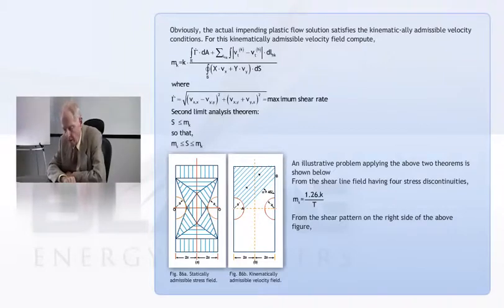And the picture on the left here is the picture from Windsor and Carrier that we have a solution for. If you happen to have a slip line solution, then you can put it in there and it will satisfy everything you need to satisfy to be a statically admissible solution.